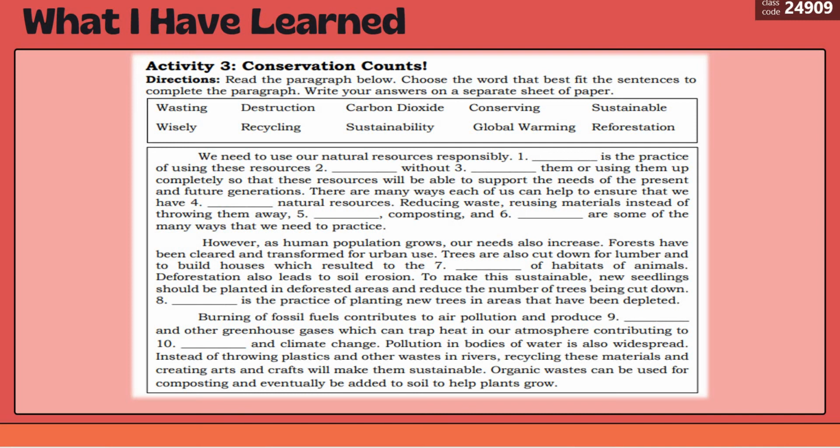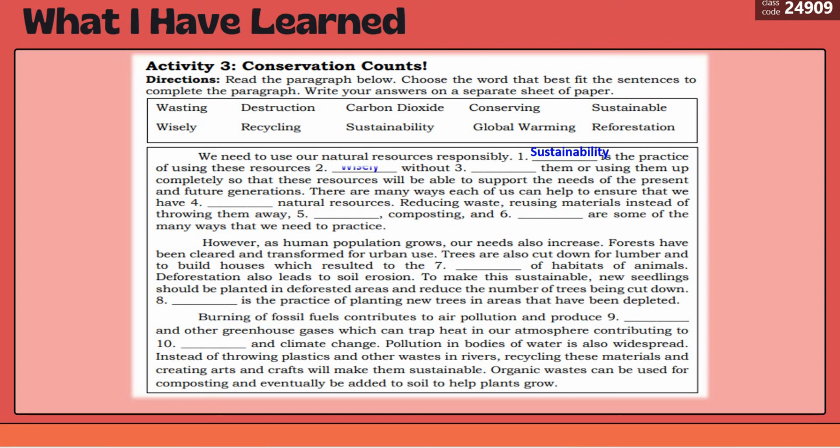Let's start. We need to use our natural resources responsibly. That is, practicing wise use of these resources. This is called sustainability. Number two, not wasting them or using them up completely so that these resources will be able to support the needs of the present and future generations.